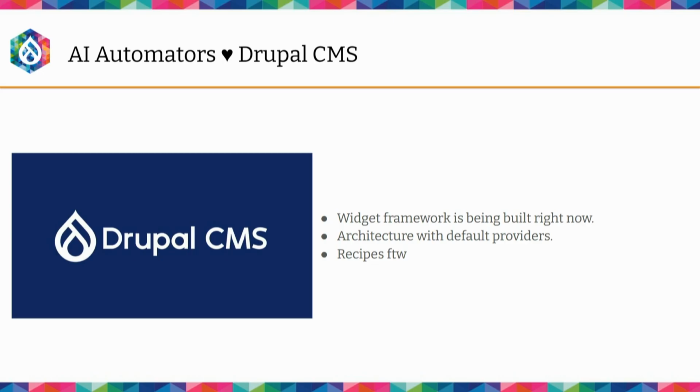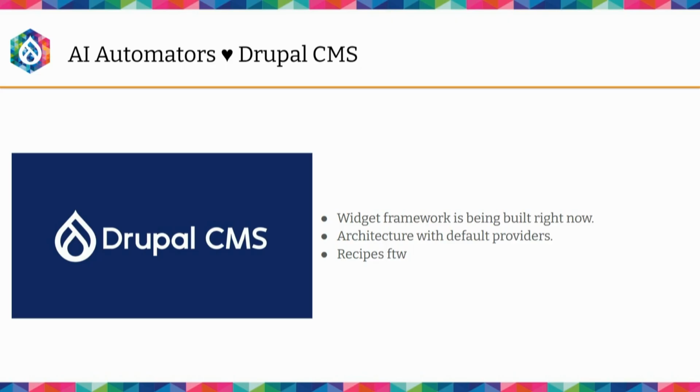And then we can create this using recipes. So basically there are two modules that can do thousands of different business cases in Drupal, where we can create recipes for this, or you can set them up in 10, 20 minutes, instead of everyone trying to make their own widget module.